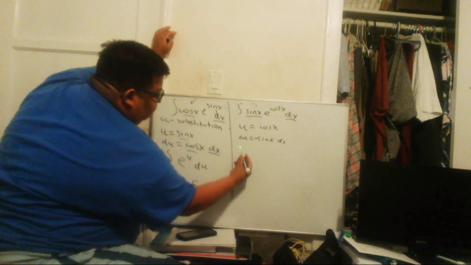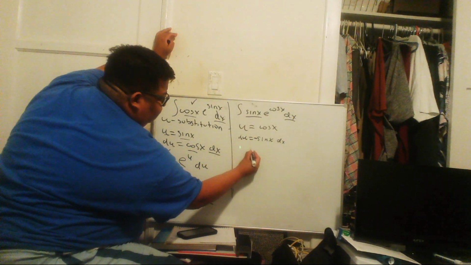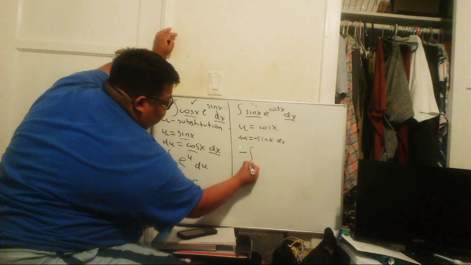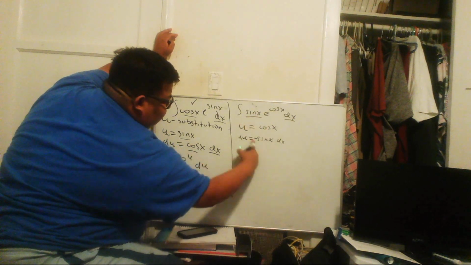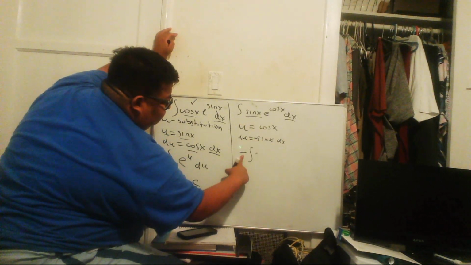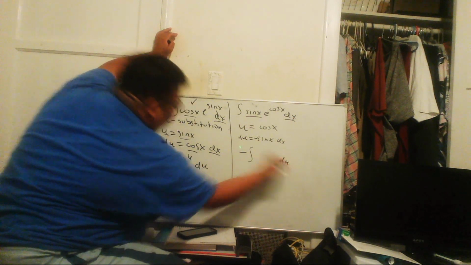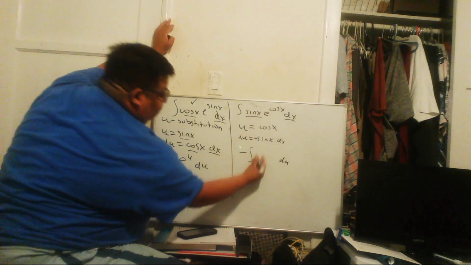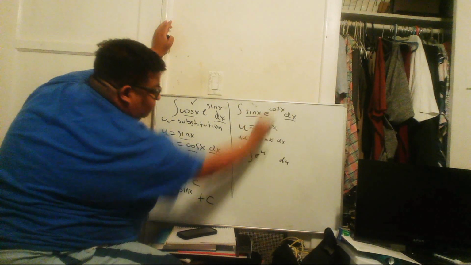So now let's plug in things for u and du: we're gonna put a minus, then e to the u, and then du, because u is cos x.